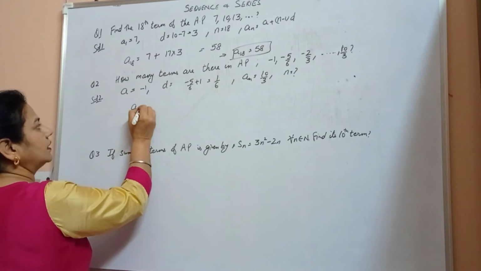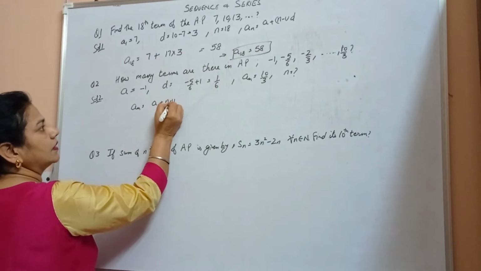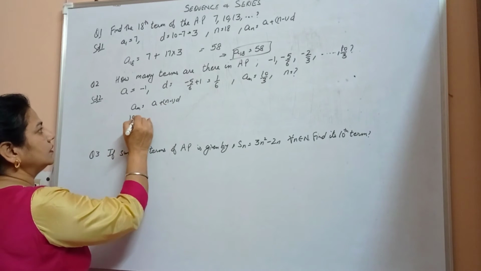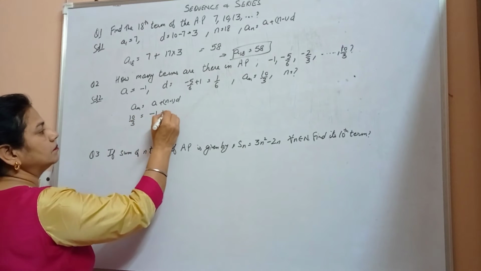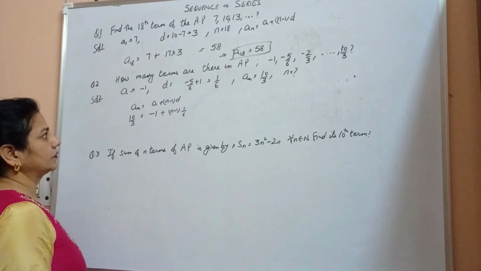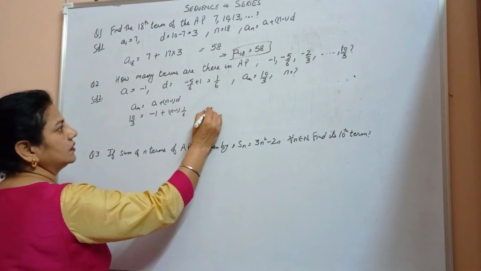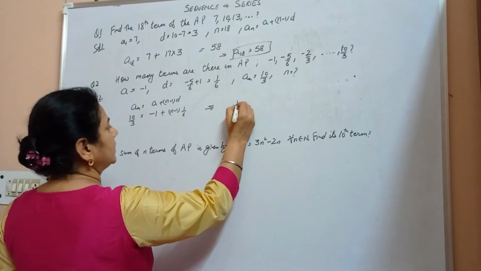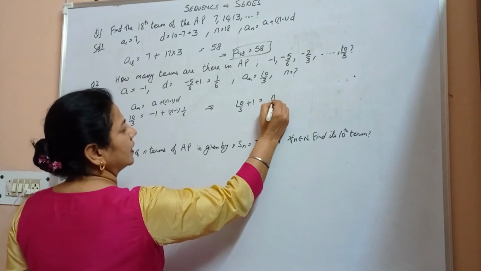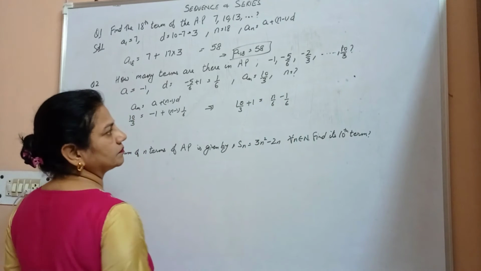We know that an is equal to a plus n minus 1 d. Just substitute the values. 10 by 3 is equal to minus 1 plus n minus 1 into 1 by 6. Minus 1 comes to this side, which implies 10 by 3 plus 1 is equal to n by 6 minus 1 by 6.